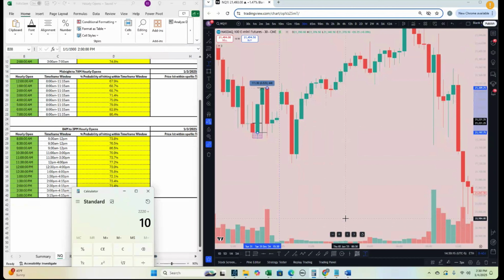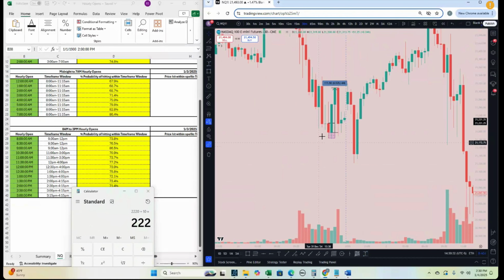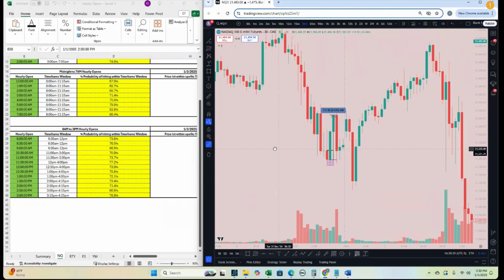Boom. Even if you take a micro, $220 in maybe an hour from 2:30 to 3:30, right? How many people make $220 in an hour? Think about it from that standpoint. And if you have more than one micro, just add it up. So that's kind of how I play it.